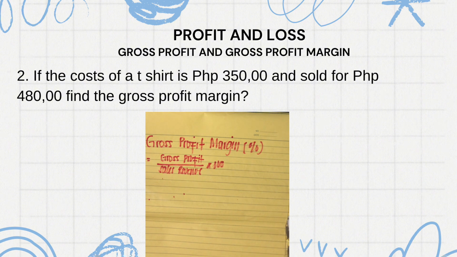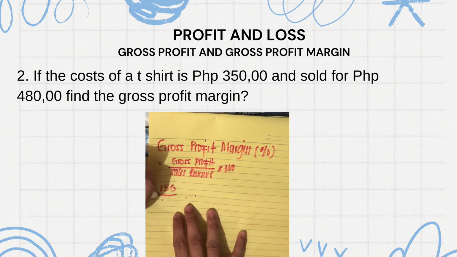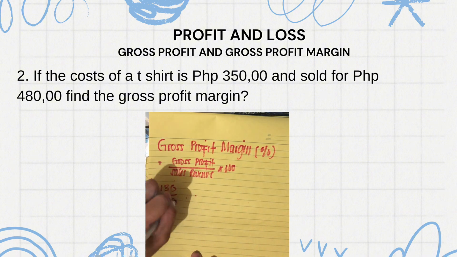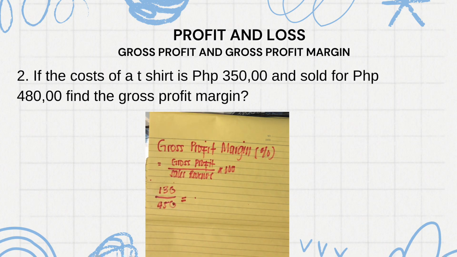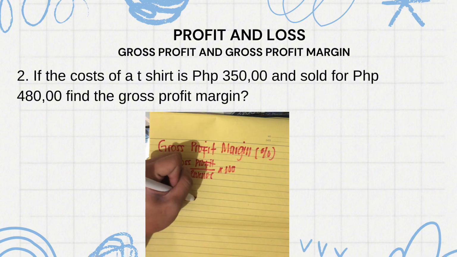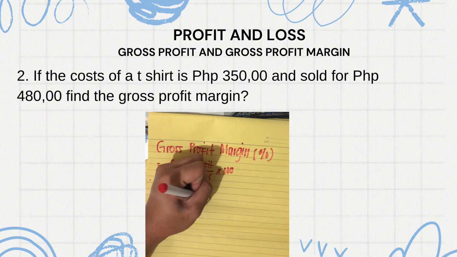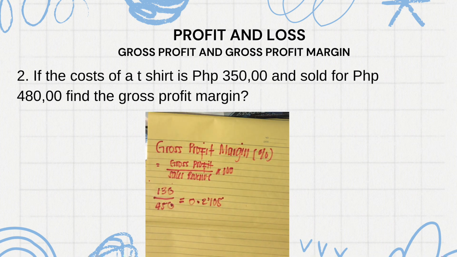Gross profit is 130 over 480. Divide using the calculator. So 0.2708, and then multiply by 100.